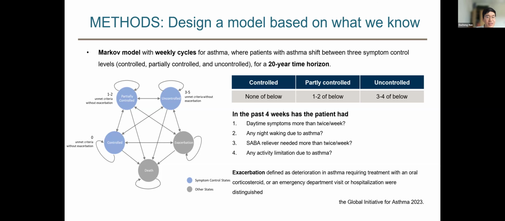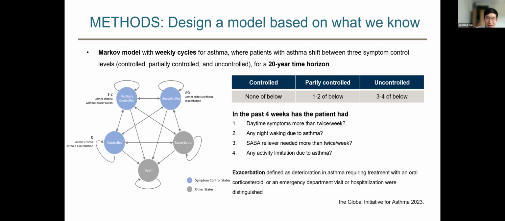That is, if in the past 4 weeks a patient has daytime symptoms more than twice a week, any night waking due to asthma, a reliever needed more than twice a week, or any activity limitation due to asthma: if none of these happened, we define it as a controlled state, but if 1 or 2 happen, that is a partially controlled state. 3 or 4 is an uncontrolled state.